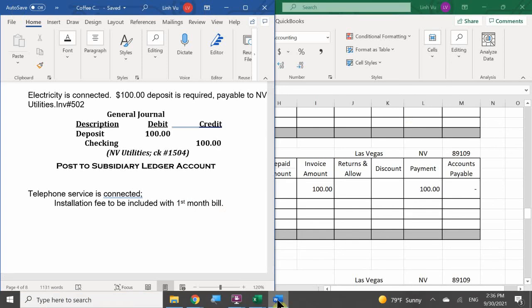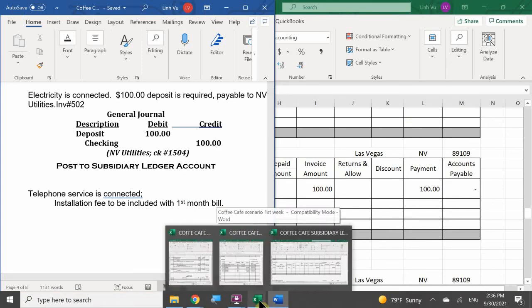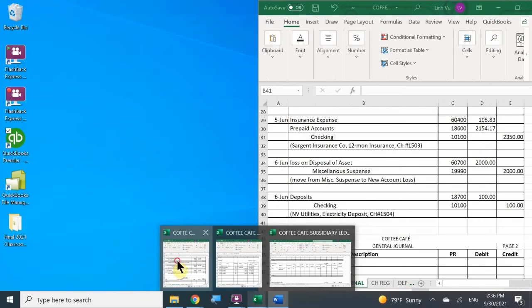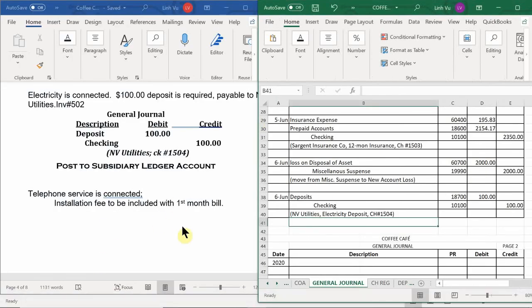But it's telling us that it's been connected, so when we start using the telephone in the future, we will receive the bill, and it will give us a track record of all of the minutes that we used, and information such as initiation or activation fees. It depends on the package that you purchase too. Are you going to buy internet with it? In most cases, telephone lines usually come with internet.